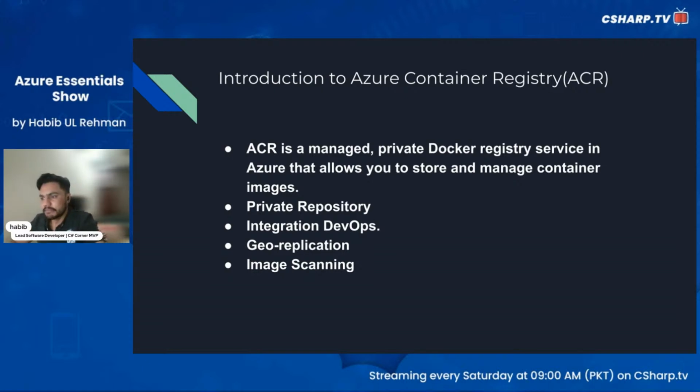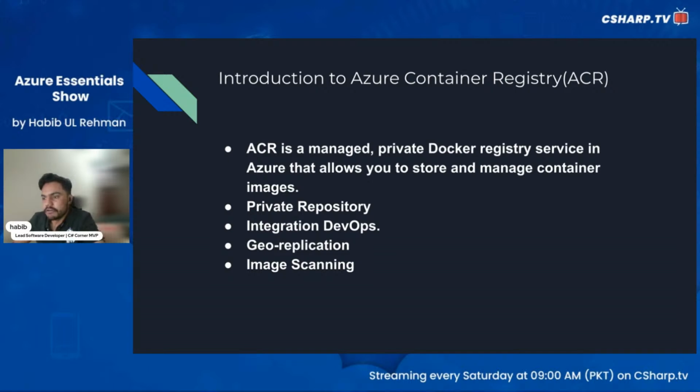So, first of all, what is Azure Container Registry? ACR is basically a managed private Docker registry service in Azure that allows you to store and manage container images. Maybe you have heard about Docker Hub. Basically, that's another container registry provided by Docker, but a lot of other third-party services are available, and one of them is Azure Container Registry.